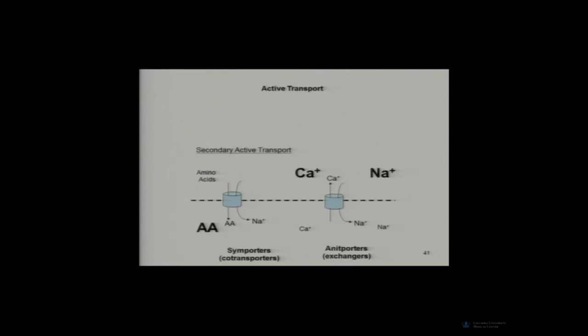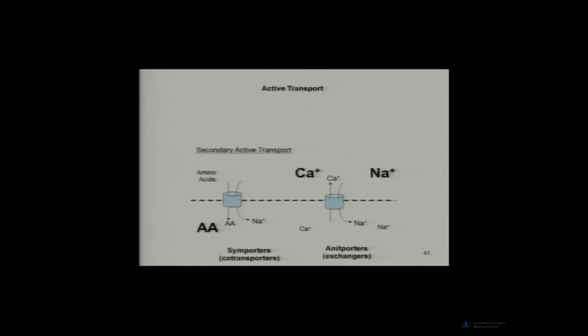So in secondary active transport, there's always two substances moving. There's always at least two substances moving. One of them is moving downhill in terms of its concentration gradient. And the other substance is moving uphill.